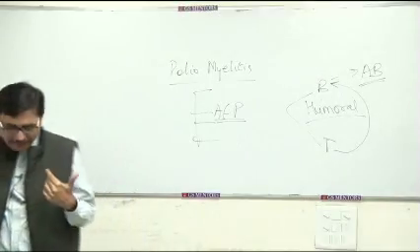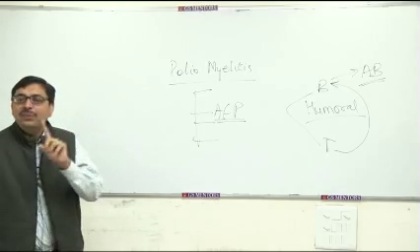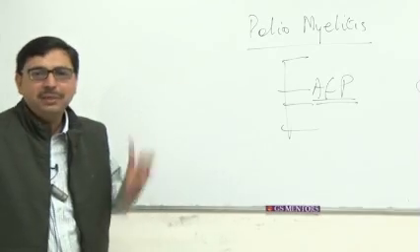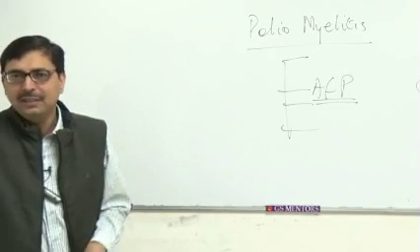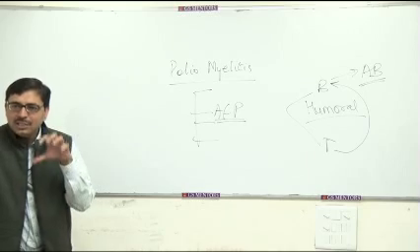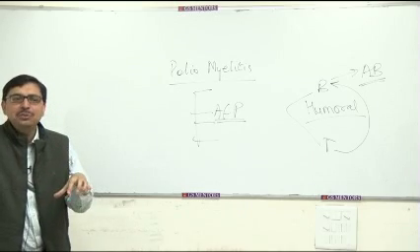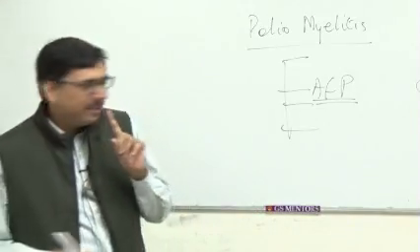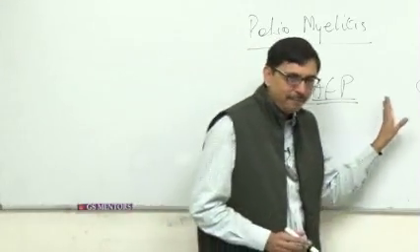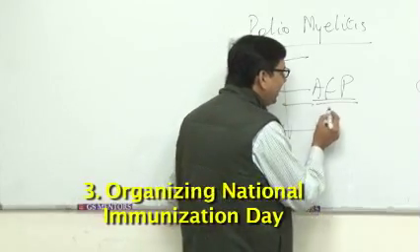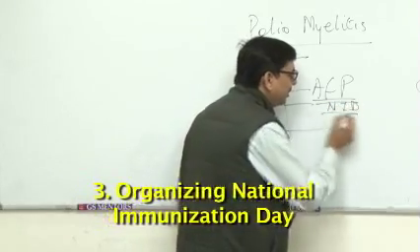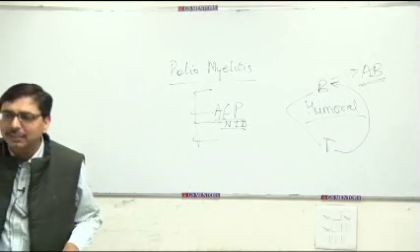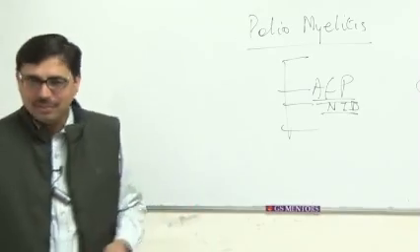So if a child of age less than 15 years, please remember, developed AFP, acute flaccid paralysis, then in those areas there was a special emphasis on polio surveillance and monitoring. That was the second part. Third was organizing national immunization days, what we call polio Sundays, which is still going on.